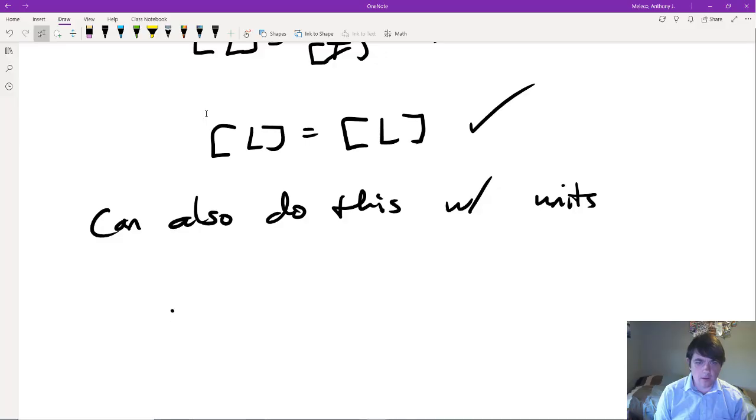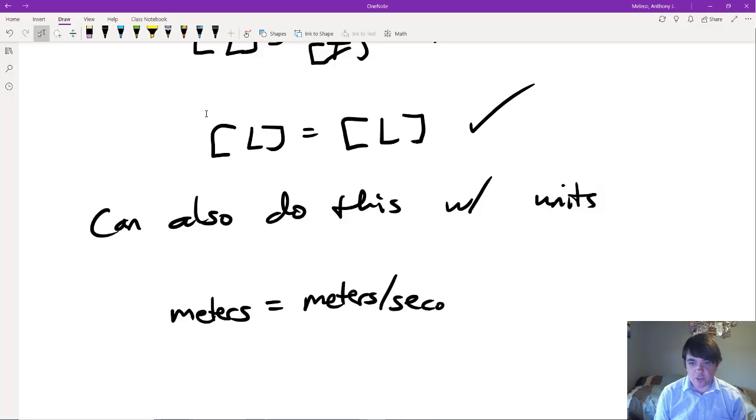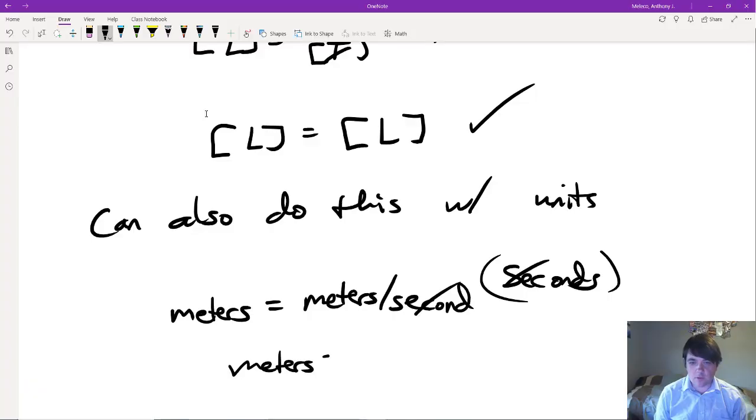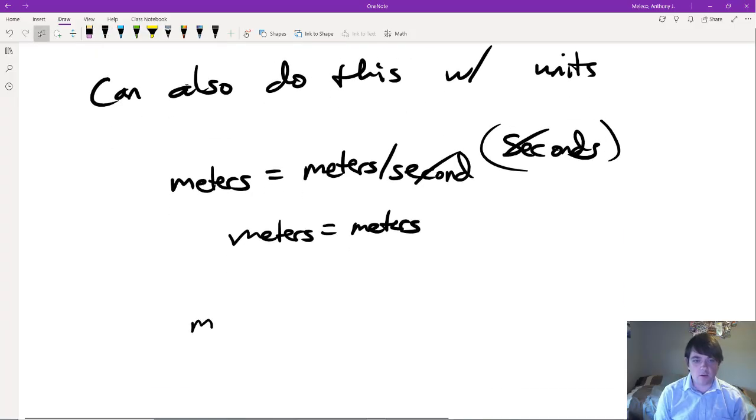Okay, so if I wanted to write meters, which is the units of length, equals meters per second, which is the units of length per time, times seconds, okay, the same thing would happen, and we would say meters equals meters. And of course, you could also do just the letters that represent them. So M for meter, S for second, and it would look like this, and then the same thing happens.